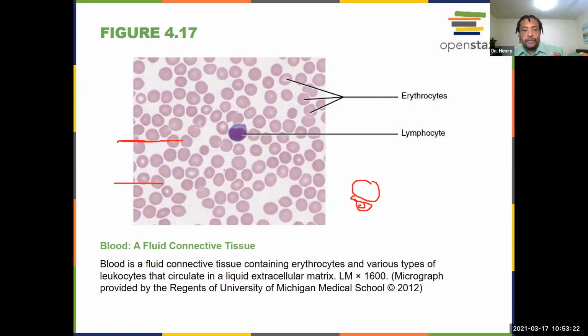How do they modify themselves to be able to hold more oxygen or more hemoglobin? Anybody? They're blood cells, yeah, but what do they do? They do something that's very unique.